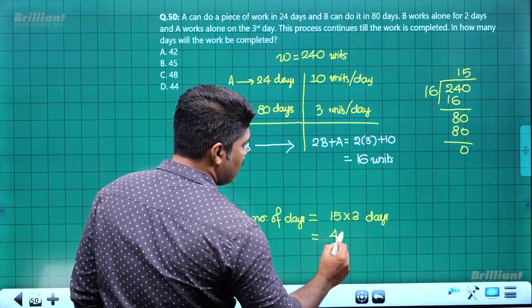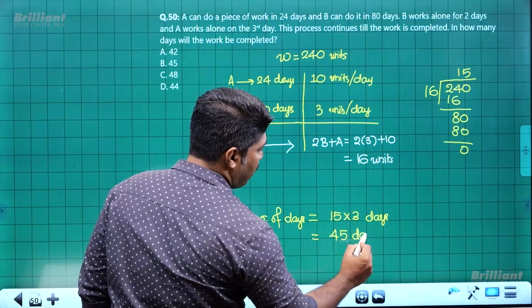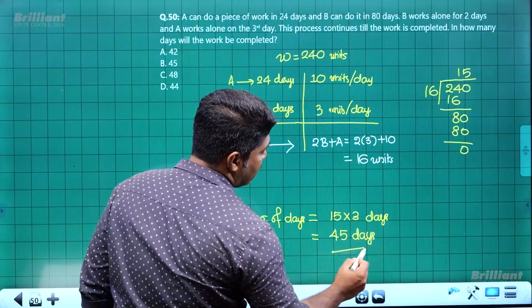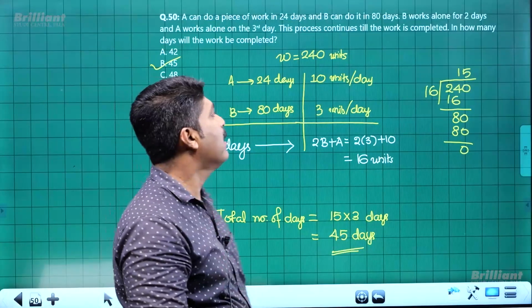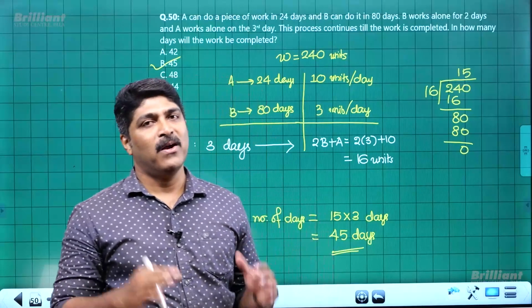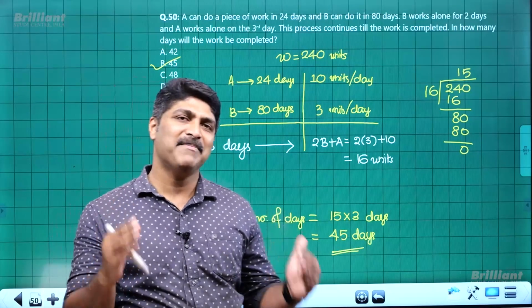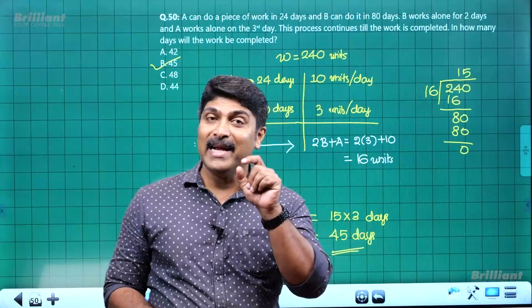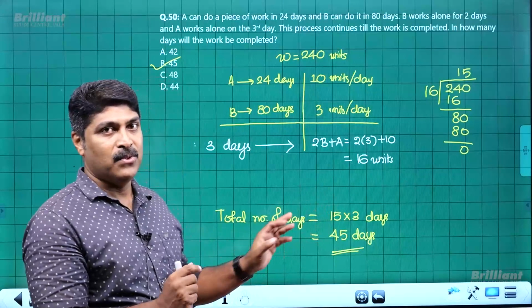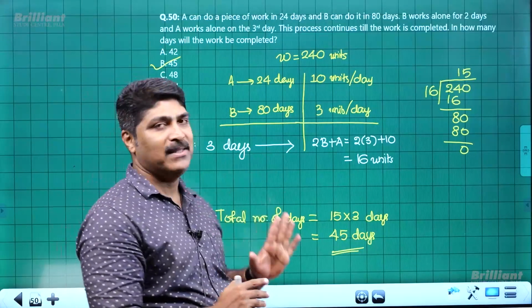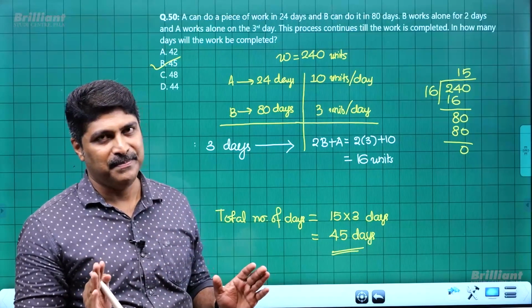That is equal to 45 days. It's such a tricky question. If you got the answer directly by your own work, you are awesome, because you got the idea properly. Here the very interesting and important trick lies. What's the quantity of work done in 3 days? That's a very important trick.